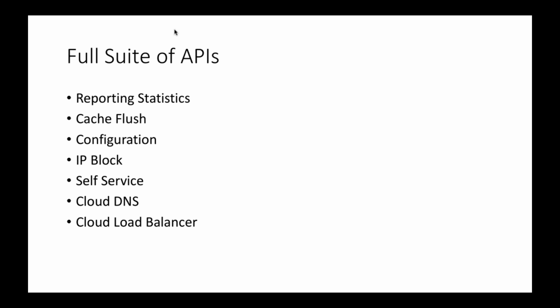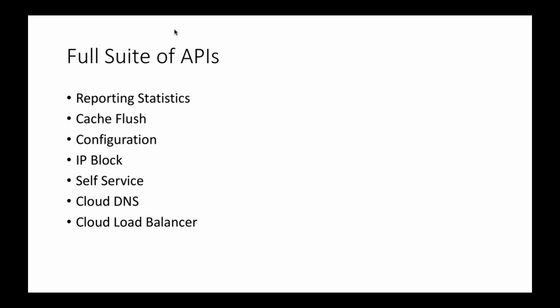So CDNetworks has a full suite of APIs, everything from reporting statistics like traffic statistics to being able to flush the cache, to make configuration changes to settings, things like that, to get CDNetworks IP blocks if you're doing it for, let's say, a firewall. Self-service allows you to go in and create accounts and sub-accounts and things like that.